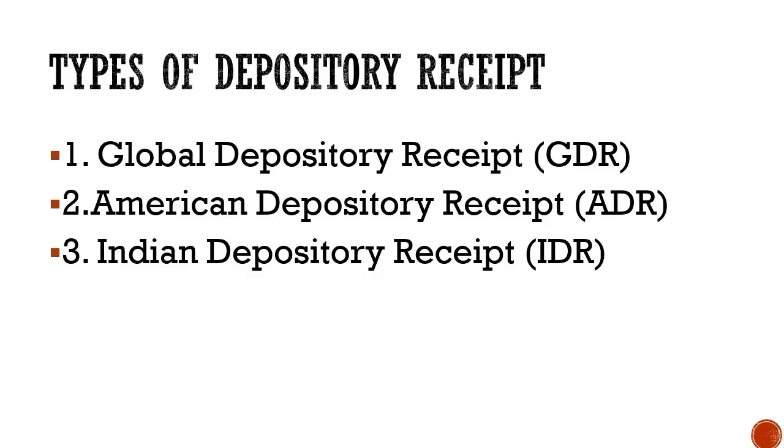ADR is basically where the Indian company raises funds only from the United States of America, and the Indian Depository Receipt is the vice versa. Here the foreign company wants to raise funds from India. Now we'll try to understand all these three types in detail one by one.